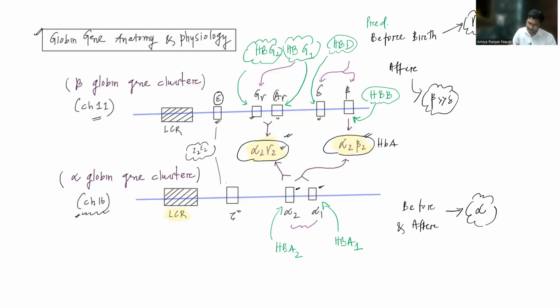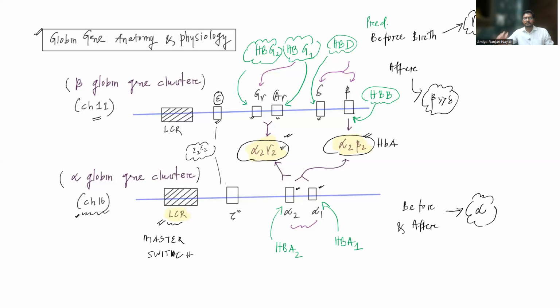There is one more thing that is written here, LCR. What is this LCR? This is the locus control region. Not very important to remember for you, but you have to understand that this is the master switch, because this will determine at what point of time which globin chain you are going to produce.